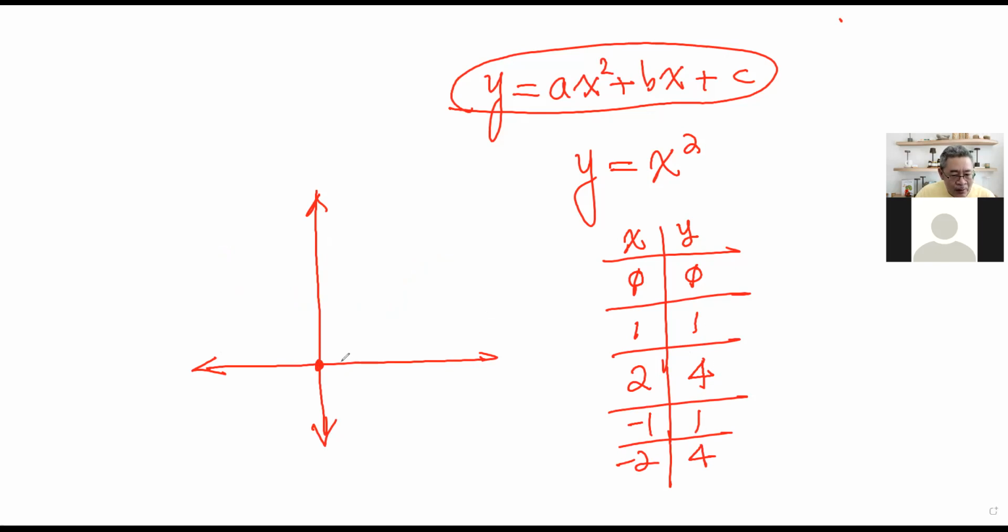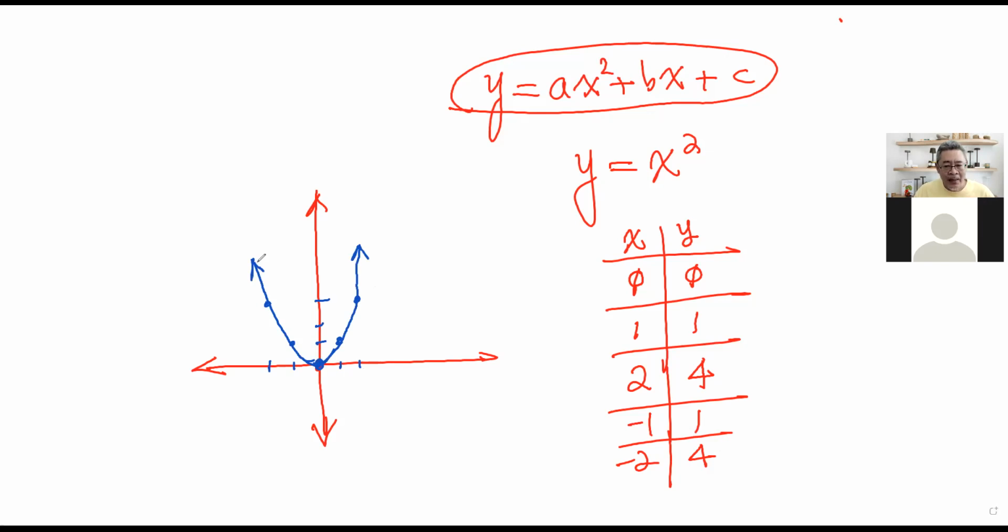And x equals 1 gives 1, here. Then x equals 2 gives 4, right here. And on the negative side, at -1 we get 1, and at -2 we get 4. So the graph we get is going to look like this. Good.